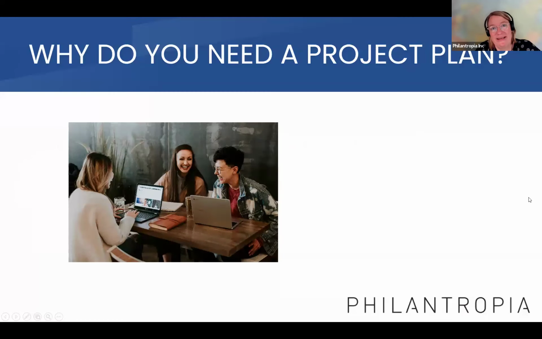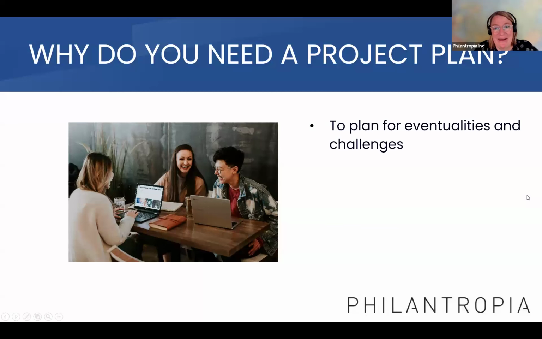Why do you need a project plan? There are several reasons. But for example, to plan and understand eventualities and challenges. In my experience, when I was working in Nepal with a small organization, we had tons of ideas.